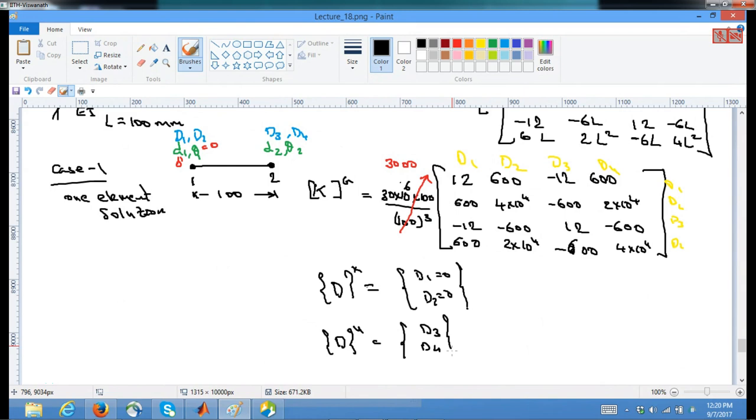Now what we'll do is we will try to obtain our KUU. KUU is obtained by knocking off the knowns, which are nothing but D1, D2.